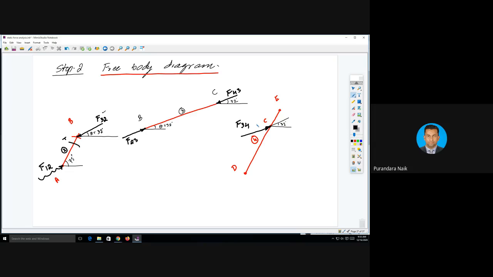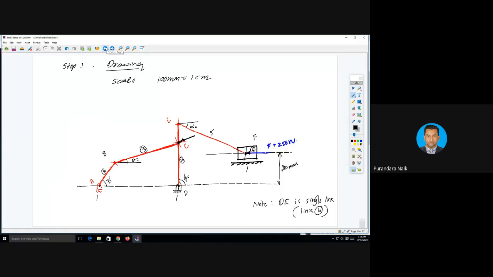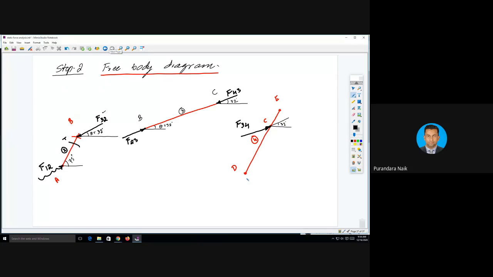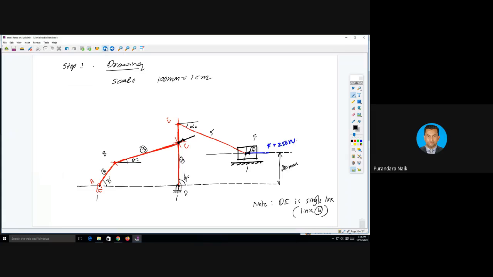Next, at point E, what is the force acting? Point D, it is zigzag because it is connected to the first link. This is F14, link number 1 on link number 4. At point E, you see the link alpha, you measure the angle alpha. Is there any intermediate force on link number 5?